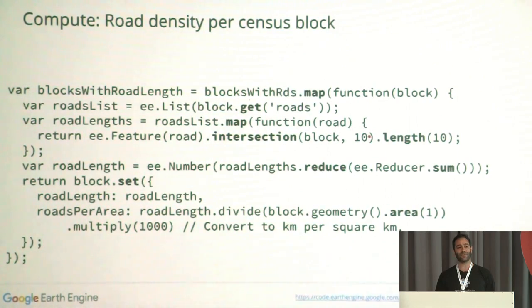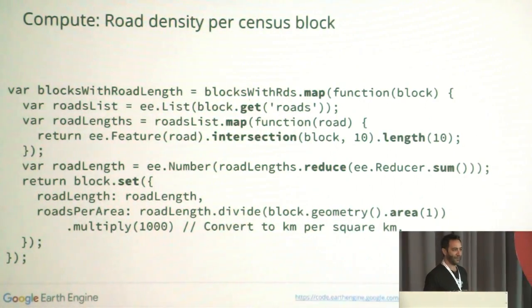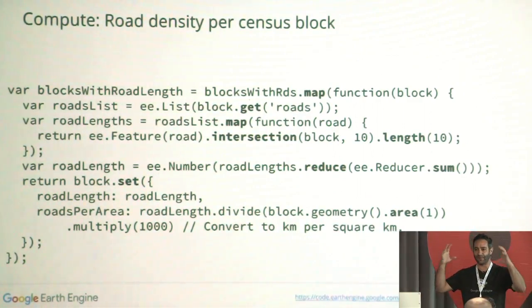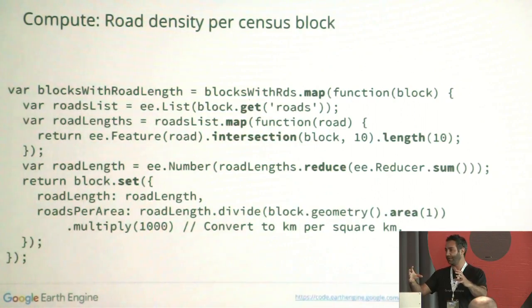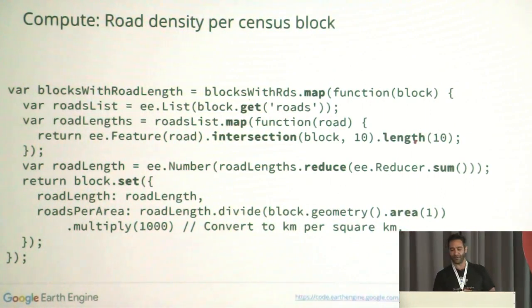Again, error margin of 10. And finally, take the length, again, error margin 10, that's what this argument is, take the length of that road segment that's intersecting the block. So all I did is I mapped a function over all the intersecting roads to essentially clip the road to the block boundary, and then compute its length.